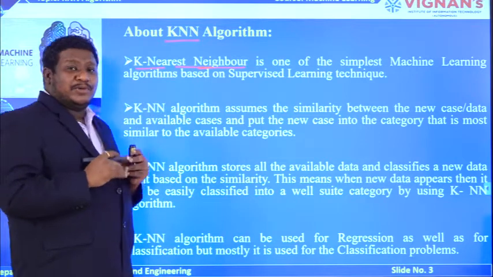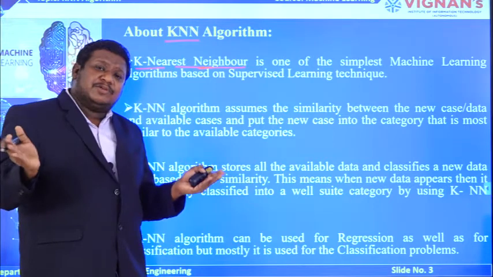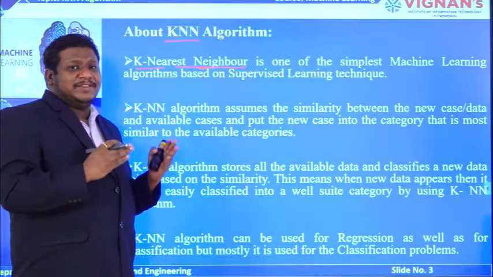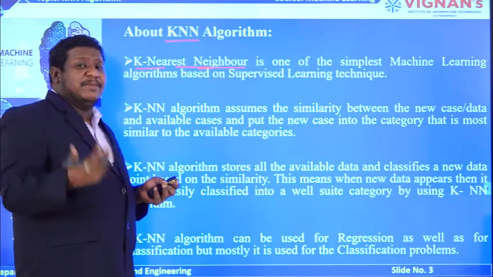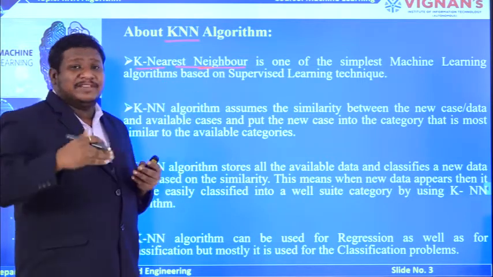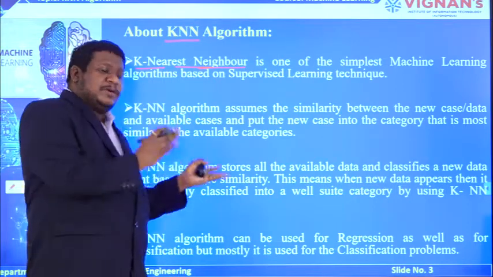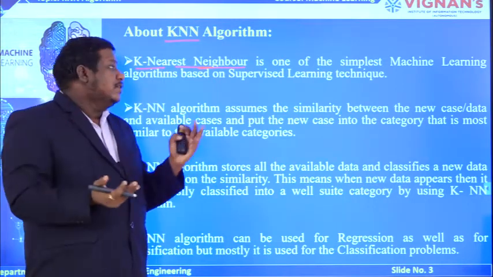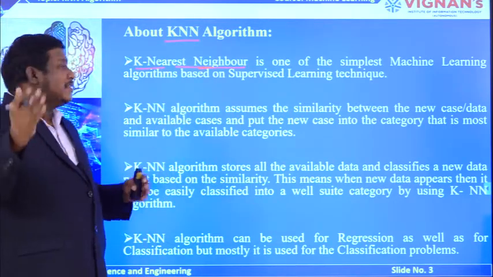So whenever we are going to classify a new data point as belonging to either set A or set B, we will find the neighbors, and based on the neighbor values we decide that the new data point belongs to that particular set. That is the main story. When we go deeper into this algorithm in the next slides, we can understand it in a better way.